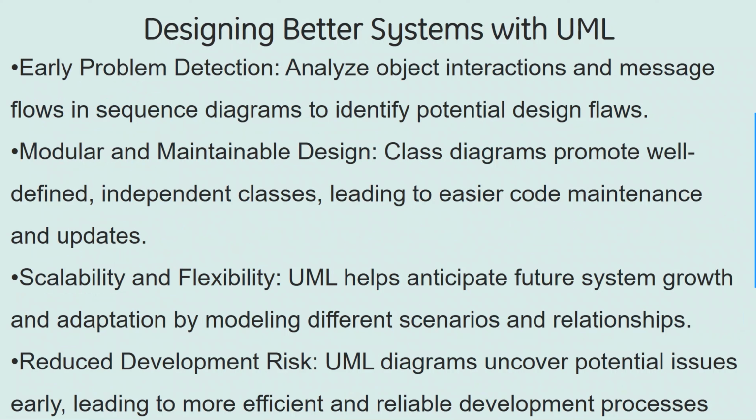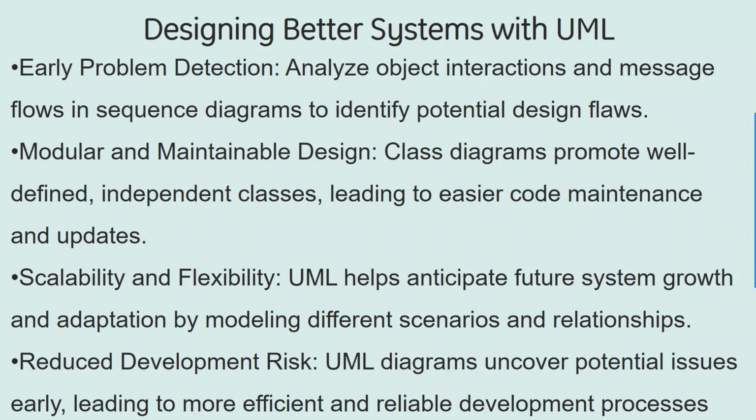Next, we have designing better systems with UML. Early problem detection: analyze the object interactions and message flows in sequence diagrams to identify potential design flaws. Next one is modular and maintainable design. Class diagrams promote well-defined, independent classes, leading to easier code maintenance and updates.